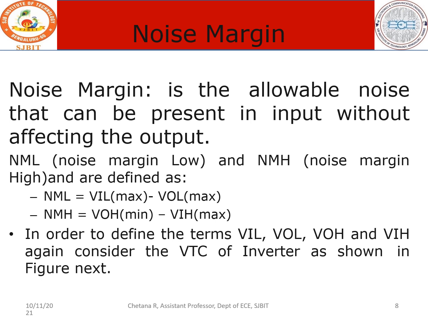Next we have the noise margin. So what is noise margin? It is the allowable noise that can be present in the input without affecting the output. So in no way should the output be affected whenever you have variations in the input side in terms of noise.